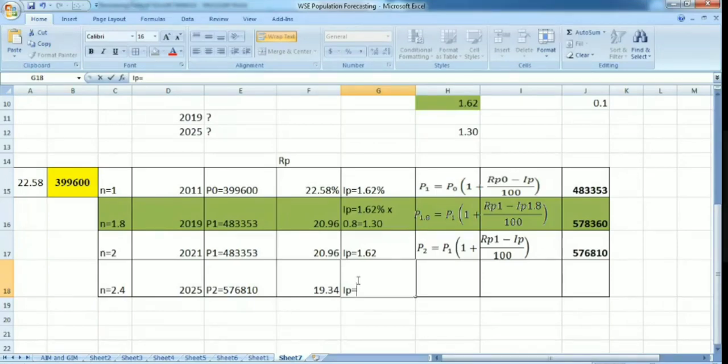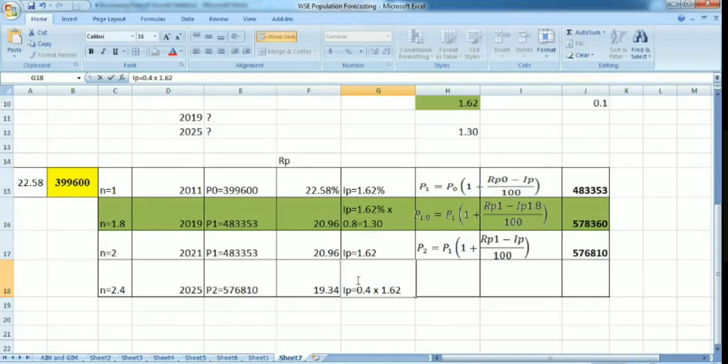Now, how many years of difference do we have between 2021 and 2025? 4 years. That means in terms of decades it is divided by 10, so we have 0.4. 0.4 multiplied by 1.62.